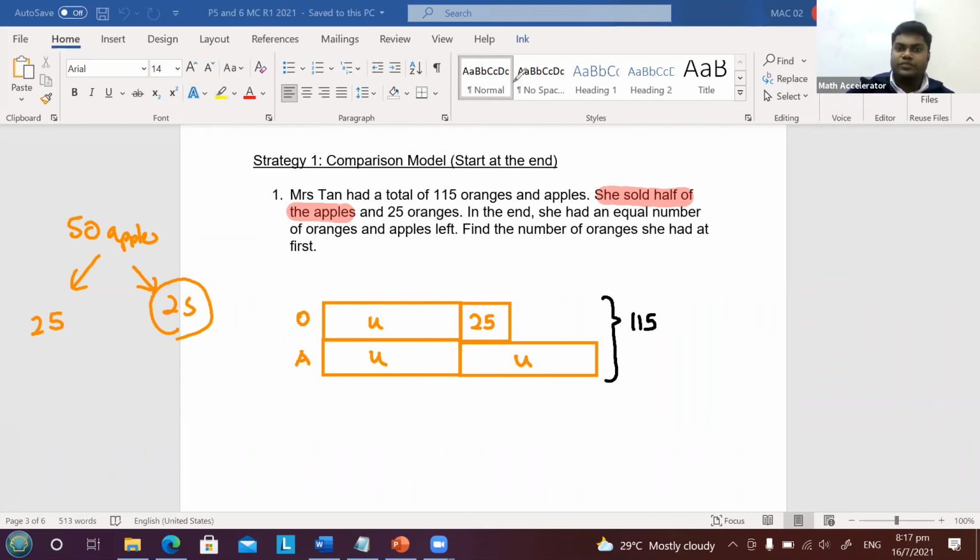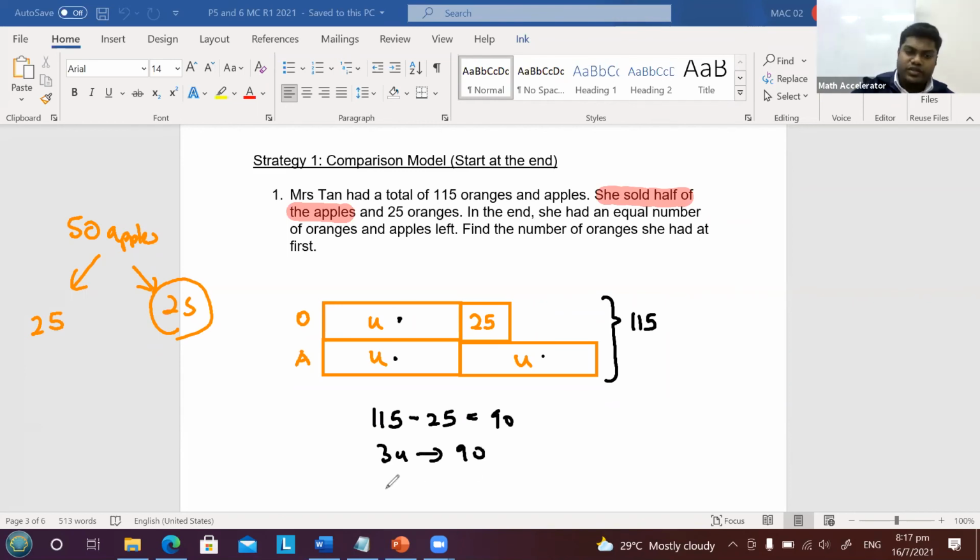So what are we going to do? We take 115 and we minus 25 first. That will give you 90. So 90 equals to 1, 2, 3, 3 units. 3 units is 90.